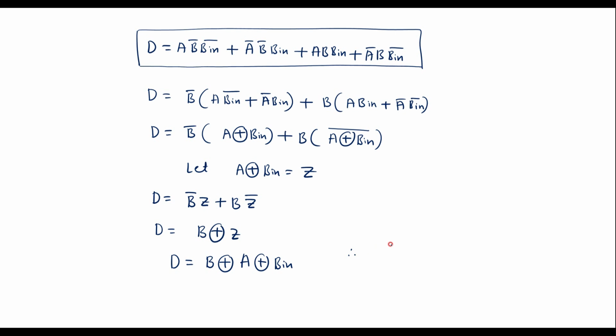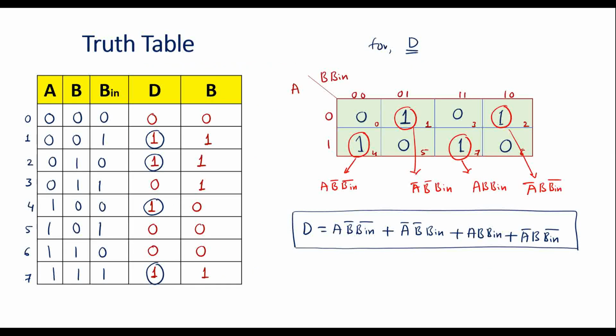So therefore the simplified difference equation is D is equal to A XOR B XOR B in. So now to implement this, we need only one 3 input XOR gate, or we can implement using two XOR gates. So now let me write the Boolean expression for borrow.